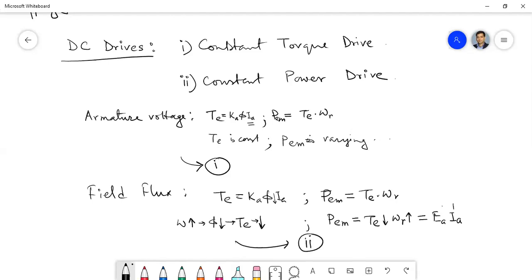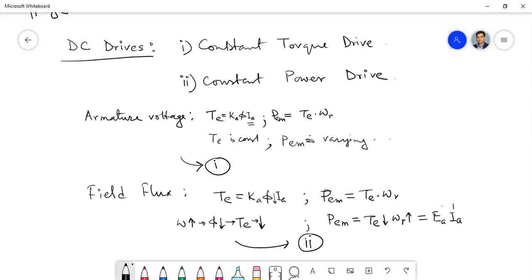How will you vary the armature current if you vary the flux? No, no, I keep the armature current constant. My drive will be such that, for that we need a separate circuitry, but I want the armature current to be constant.